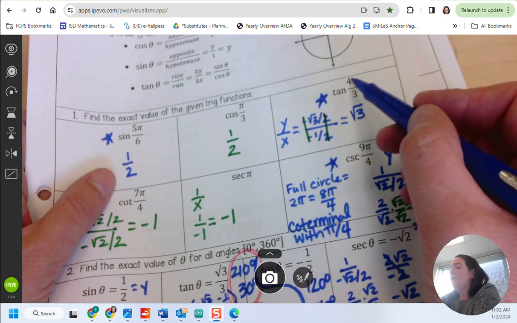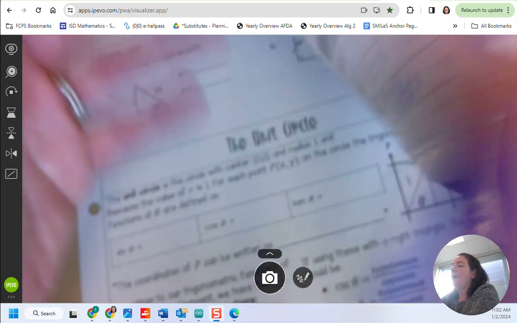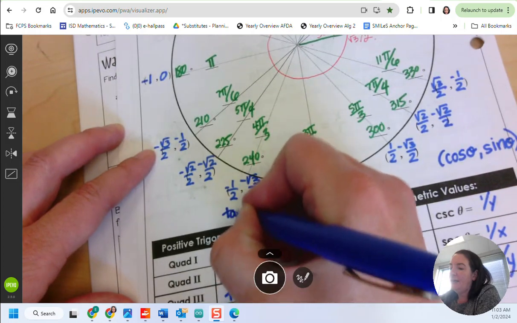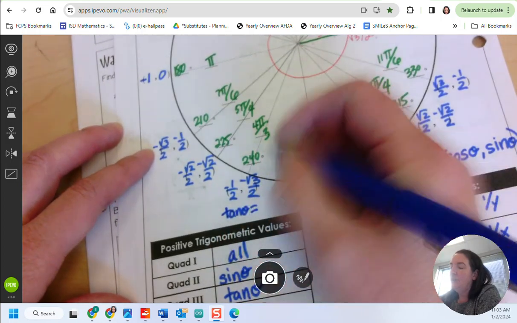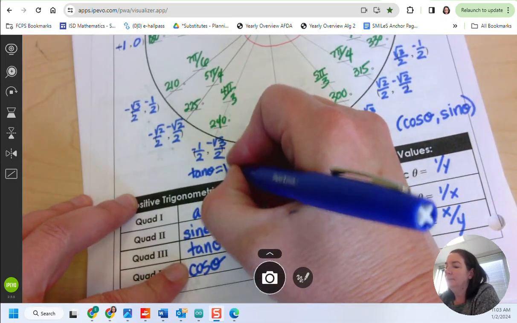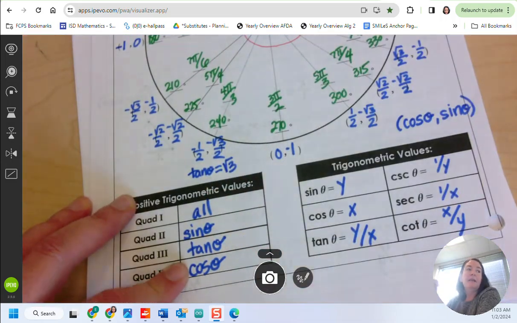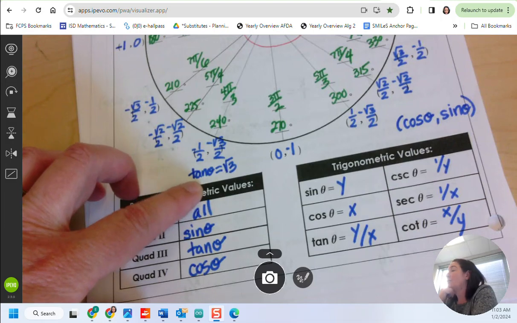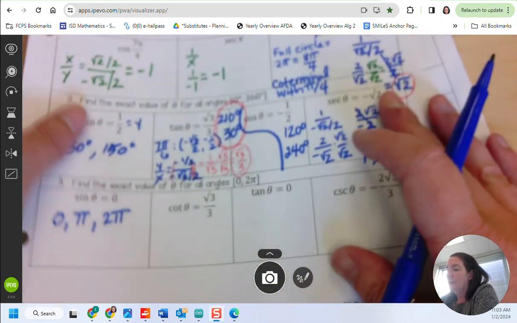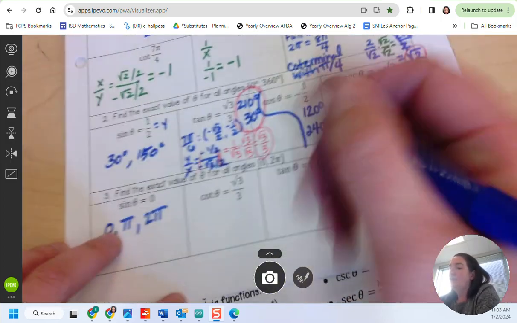So I know that if the tangent of 4 pi over 3, where's 4 pi over 3? I'm going to write tan theta is equal to root 3. If I know the tangent of this angle is root 3, then I know the cotangent, the reciprocal, is root 3 over 3. And so that's one of my answers, 4 pi over 3.